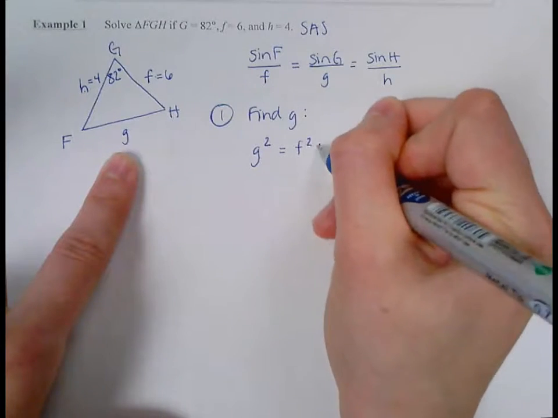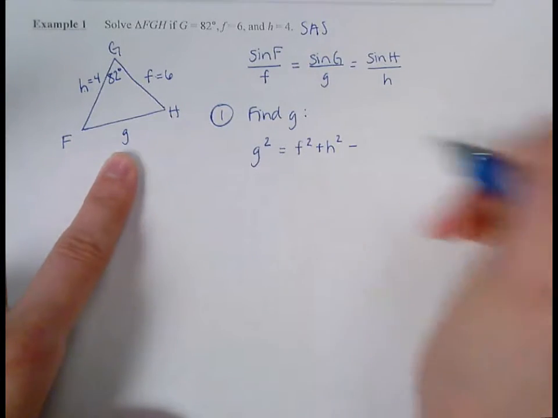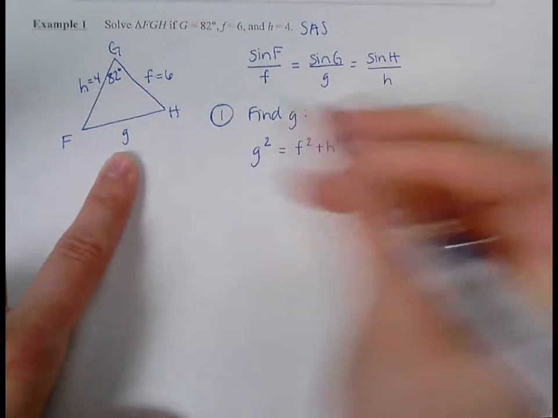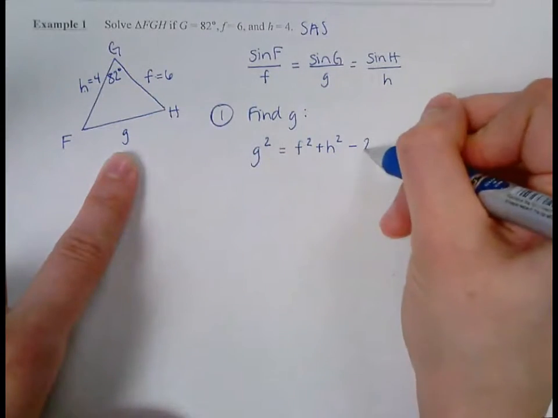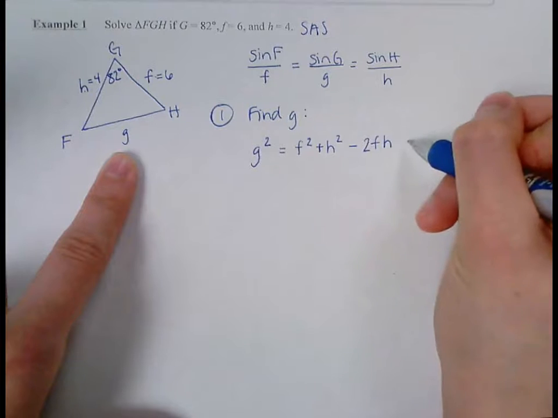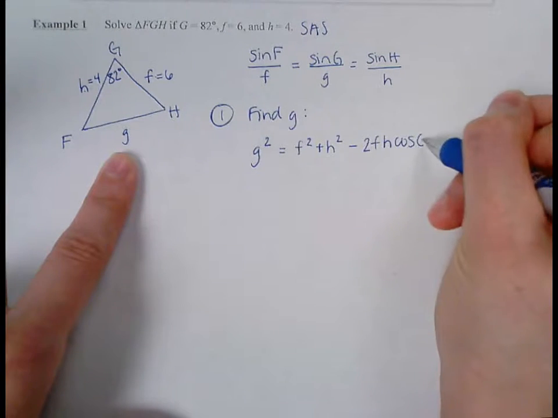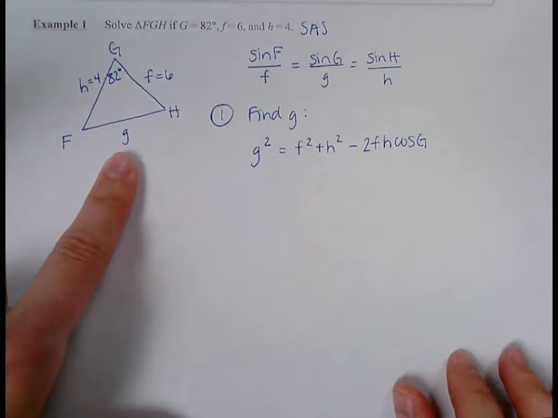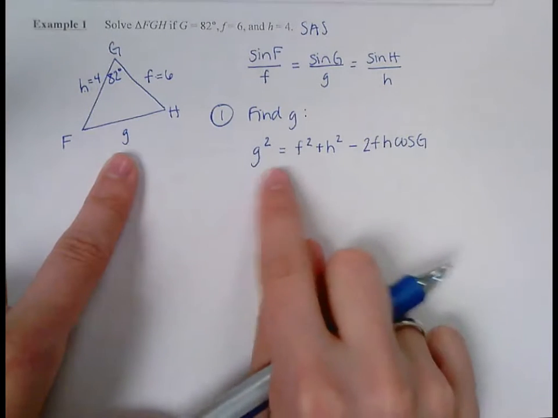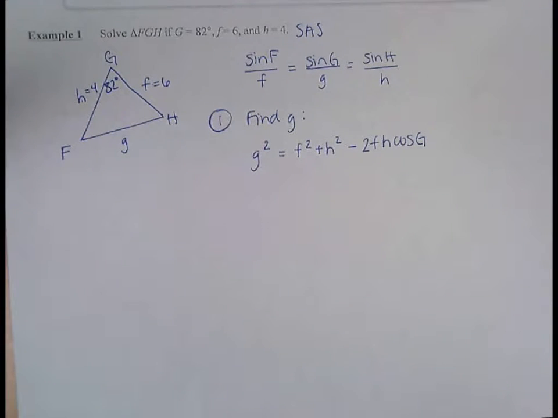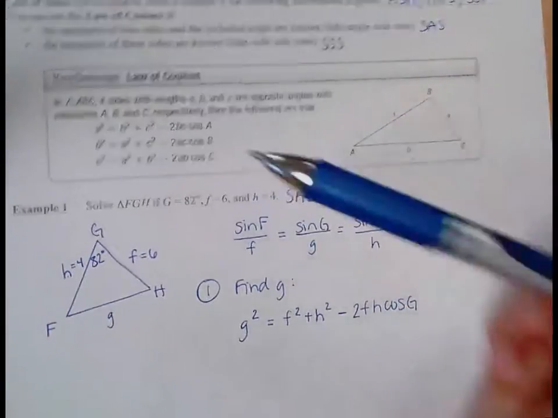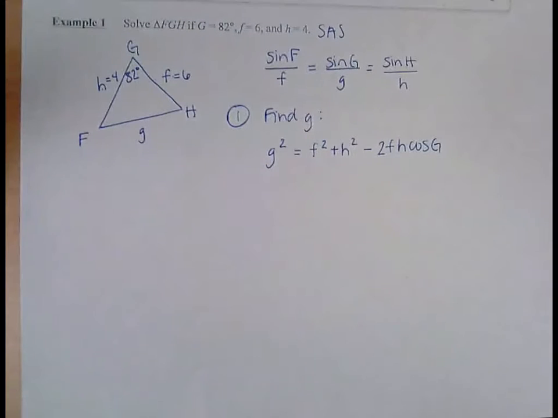So F squared plus H squared minus 2 times the other two sides, so 2 times F times H times the cosine of the included angle G. Okay, so that's how to set it up with the variables that I have. If you needed to, based on whatever variation you're given, fill in next to those A's, B's, and C's so that it was easier to use, you certainly can do that. Just make sure when you're giving your answers, you're giving it in terms of F, G, and H.